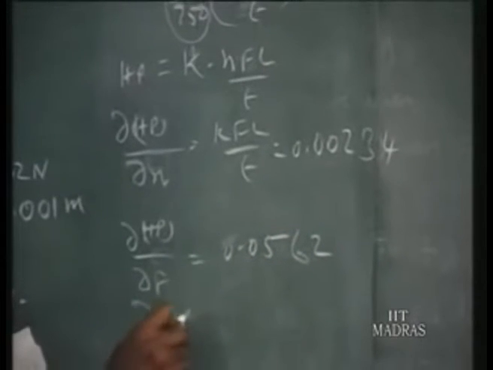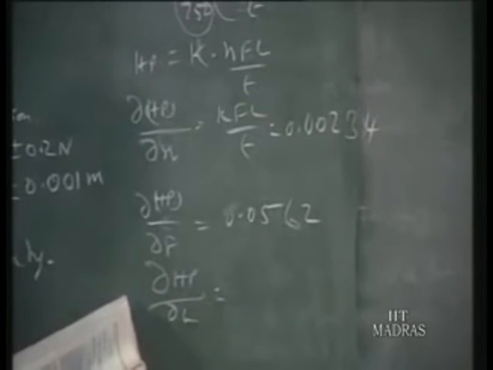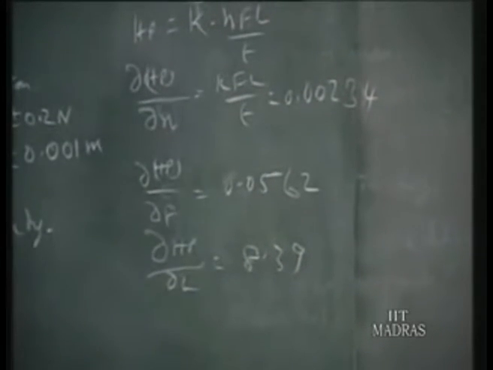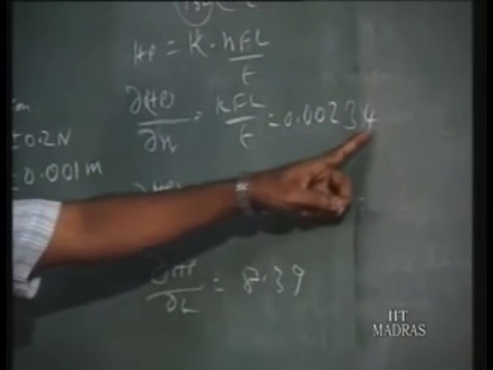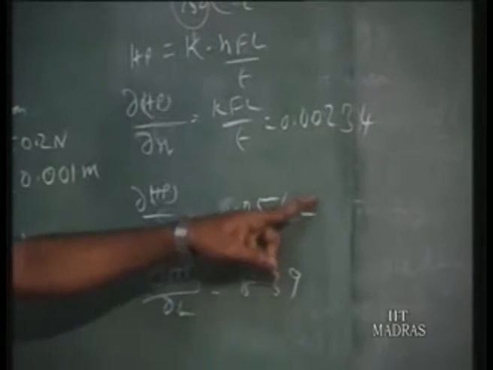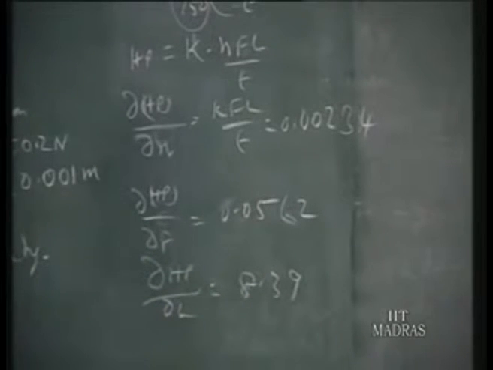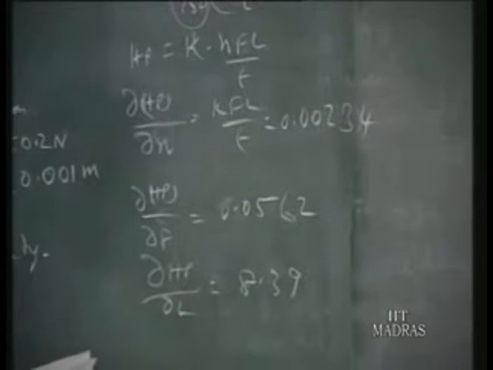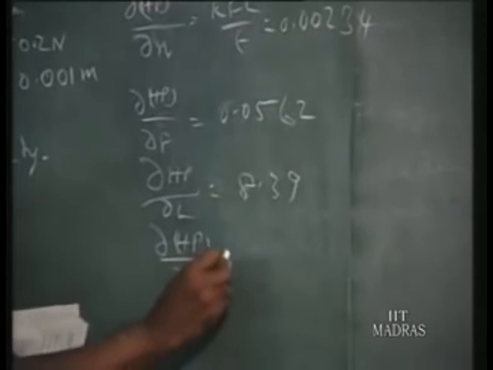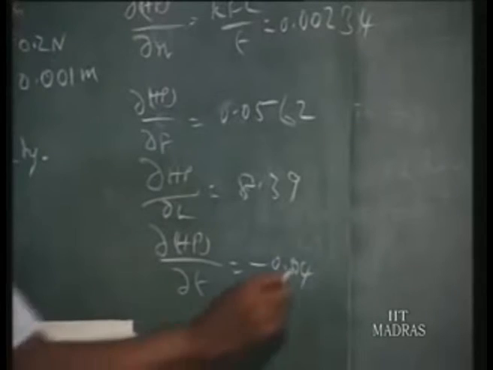And dou hp by dou l is equal to 8.39. See, we are computing up to three significant figures. So, these are three significant figures: the 0s are not significant, we have got three significant figures 562, and here we have got three significant figures 839. That is the rule which I narrated earlier. And now dou hp by dou t is equal to minus 0.0468.